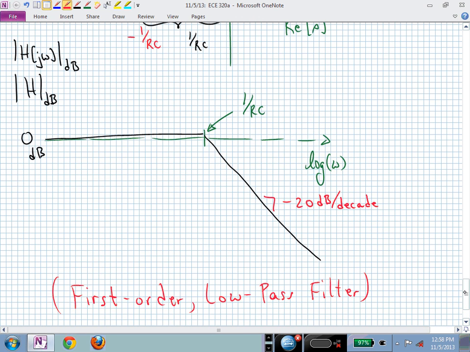If it was second order and we had both poles at the same location, let's say 1 over RC, now we would be rolling off at twice that rate. It would be minus 40 dB per decade. And once we made it out to 100, instead of being down at 40, we would now be down to minus 80 dB. But this is for a first order.